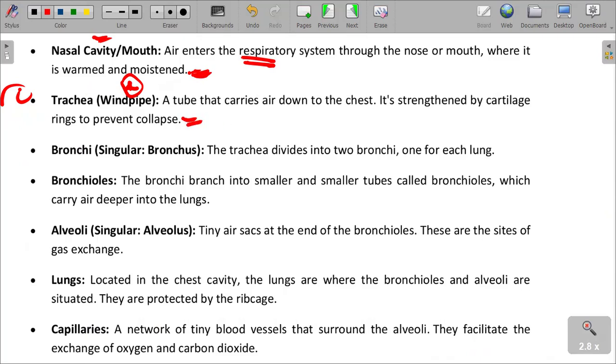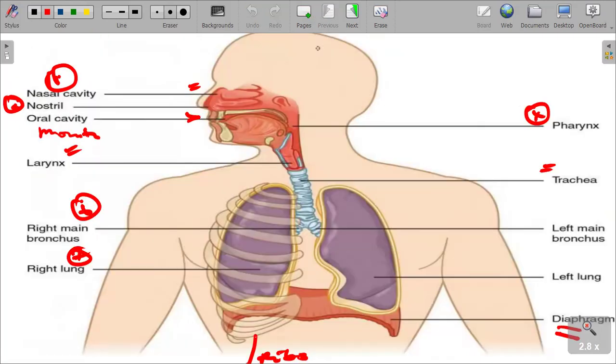I'm sure we can agree that the trachea has the cartilage rings, shown here. These rings prevent the trachea from collapsing.